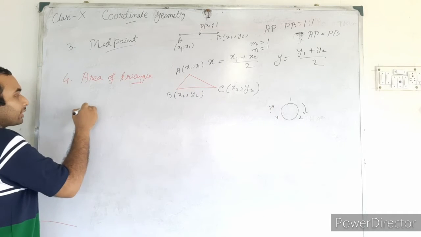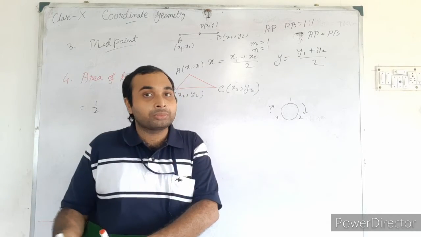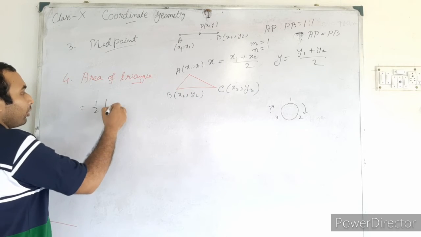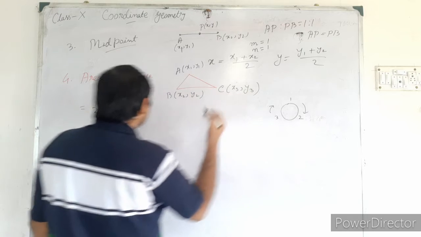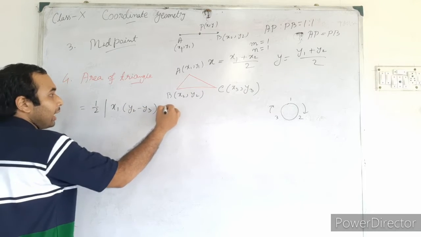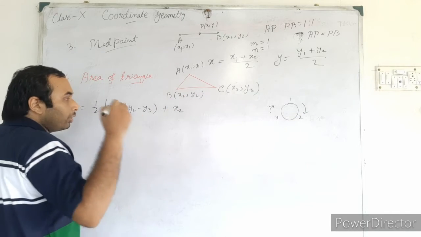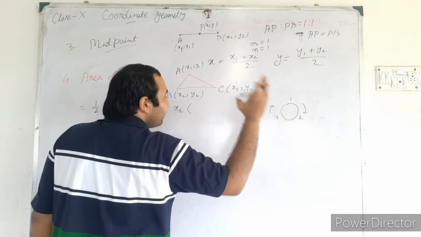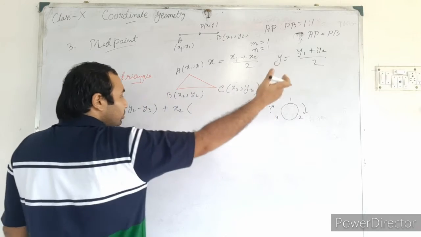Just see, area of the triangle equals half into base into height, like that the formula is there, but quite long. Half into mod of x1, then 2 minus 3, so y2 minus y3, plus. Now we will take x2. When we are taking x2, then 3 minus 1: you leave the first one and then second minus third, so clockwise we go.